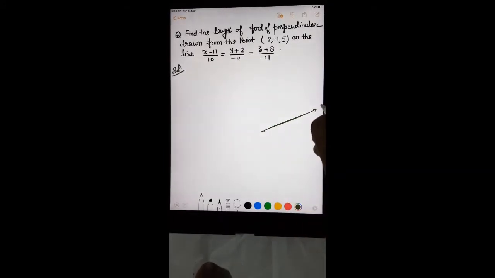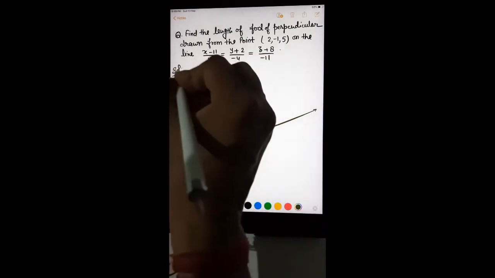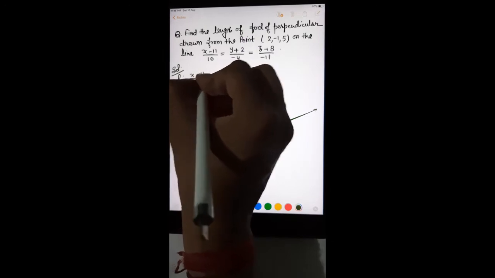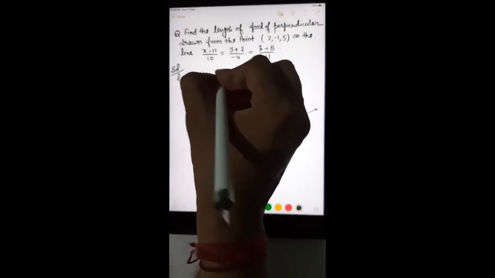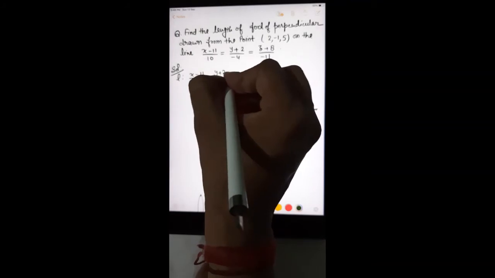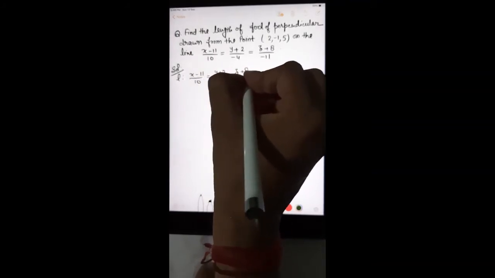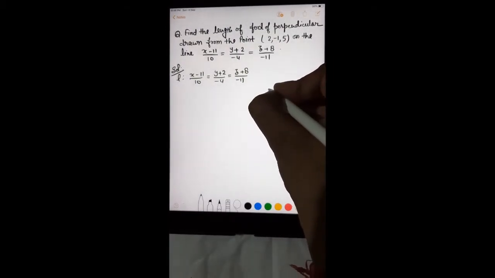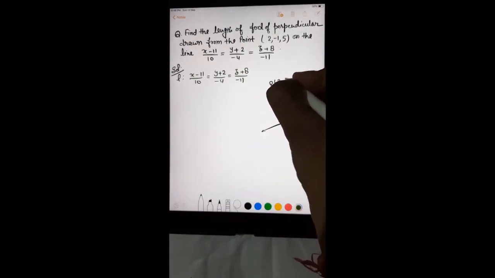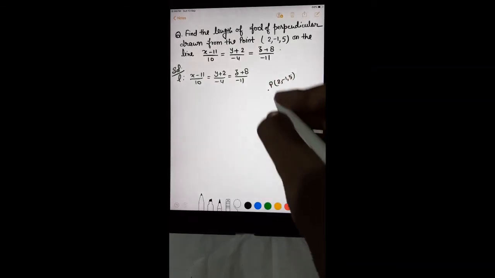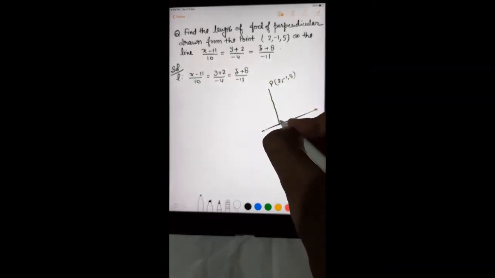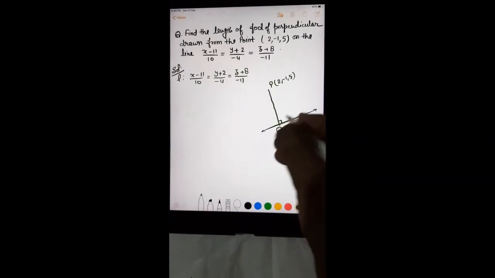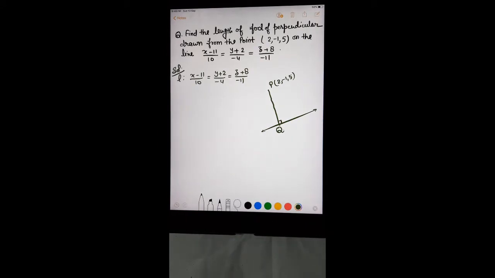Suppose this is the line represented by L, (x minus 11) upon 10 is equal to (y plus 2) upon minus 4 is equal to (z plus 8) upon minus 11. This is the line, and there is a point P whose coordinates are 2, minus 1, 5. From this point, if we draw a perpendicular on the line, then we have to find the foot of the perpendicular, which is represented by point Q here.